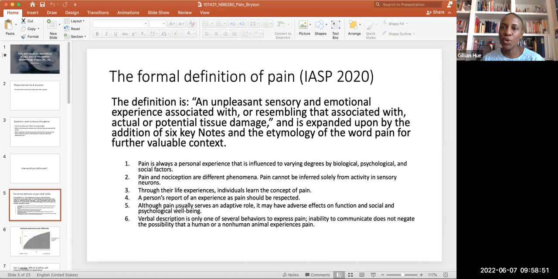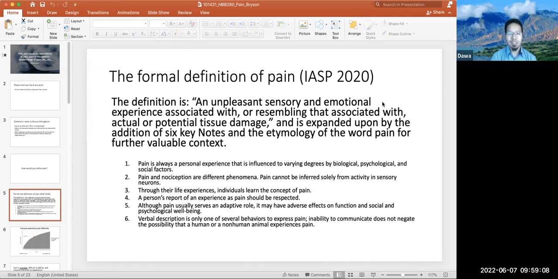And what he showed us was the actual definition that has been agreed upon by a society that studies and is concerned with pain. So they have a definition that they have decided is what we will use to describe pain.